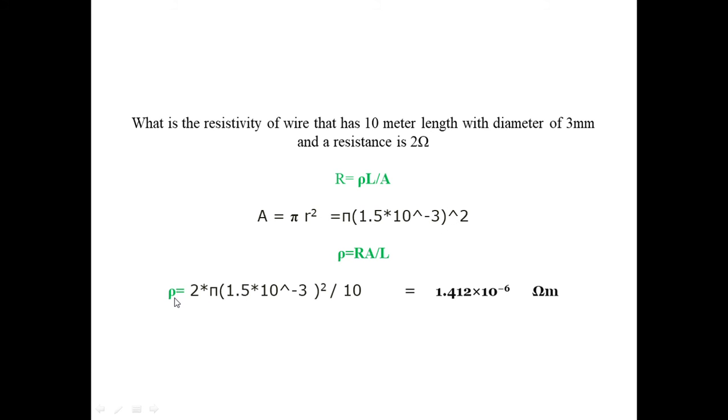So here rho is equal to R, which is 2 ohm, multiplied by the cross-sectional area, this value 1.5 times 10 to the minus 3 squared, divided by the length of cable. The length of cable of our wire is equal to 10 meter. So our answer is equal to 1.412 times 10 to the minus 6 ohm meter.